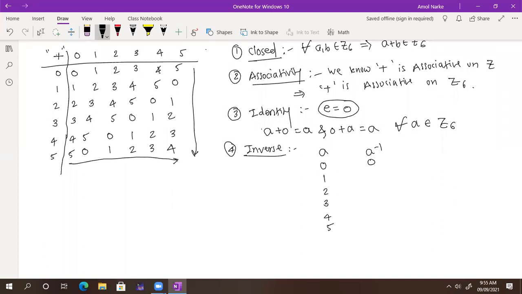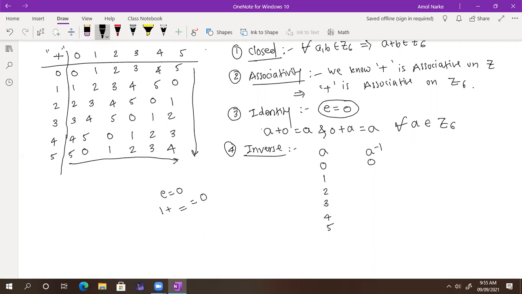What is meant by inverse? Tell me the definition of inverse. It should be equal to the identity element. Suppose my identity is equal to 0. So 1 plus something, I will get 0. 5.